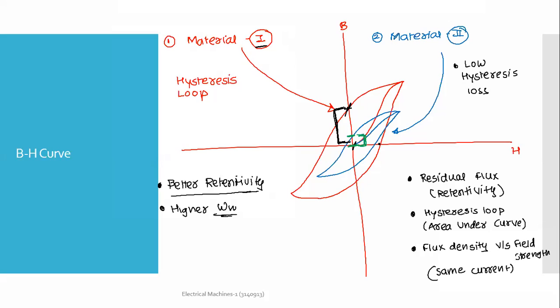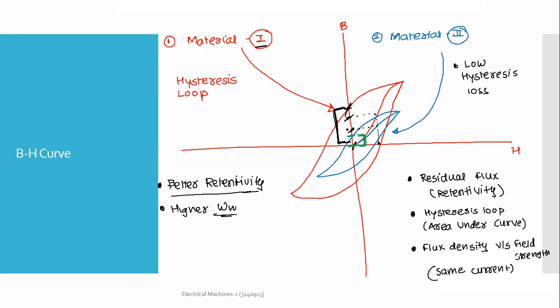Let's say I take this material. What do you think? This is the flux set up in the core with this magnetizing current in 1, and this is the flux set up in 2. So if I take the same cross-sectional area of material 1 and material 2, which one has higher flux density, material 1 or material 2?